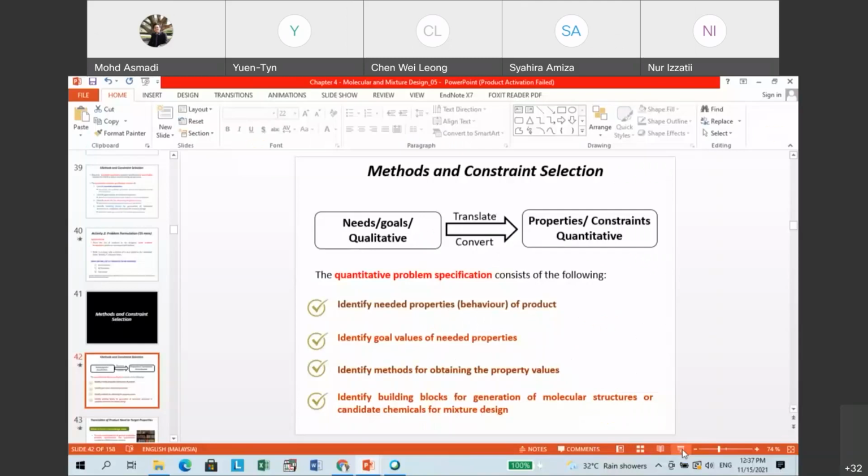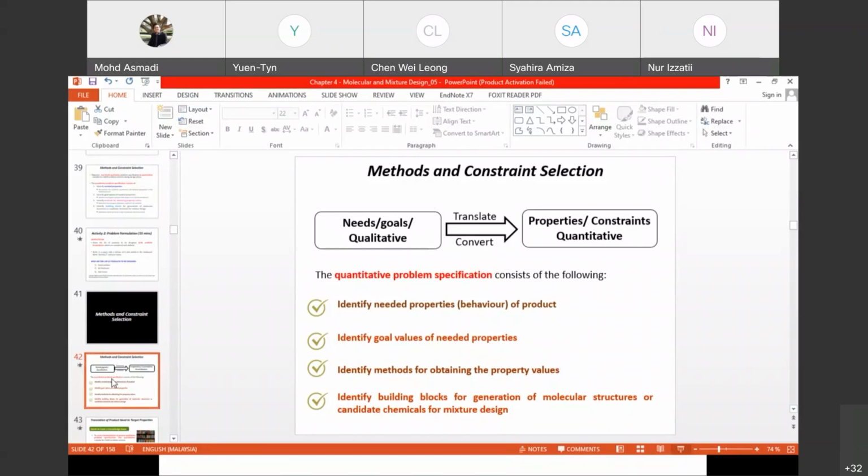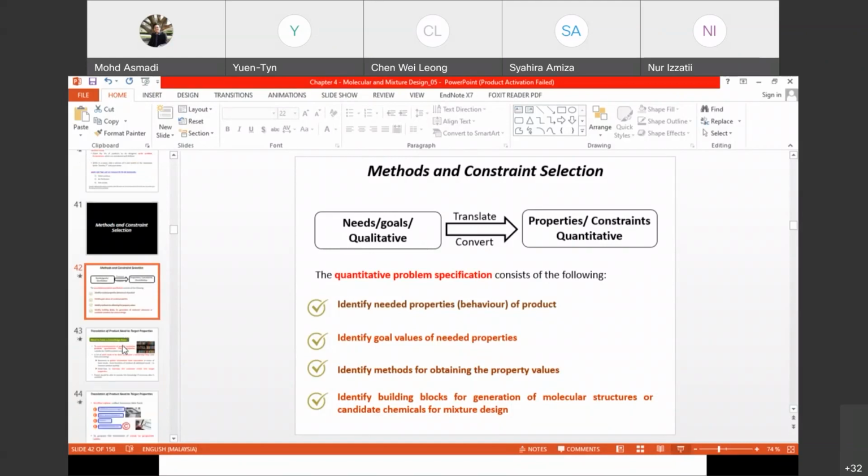As I mentioned previously, the quantitative problem specification should consist of the needed properties or behavior of the products, identify the goal values of the needed properties, identify the methods for obtaining the property values, and identify the building blocks for generation of the molecular structure candidates. This is what we can replace, for example the solvent.